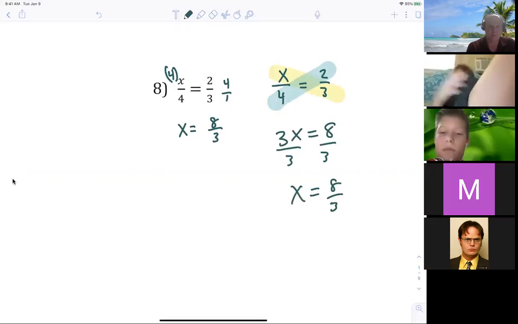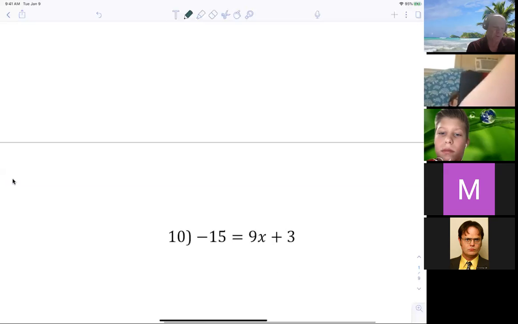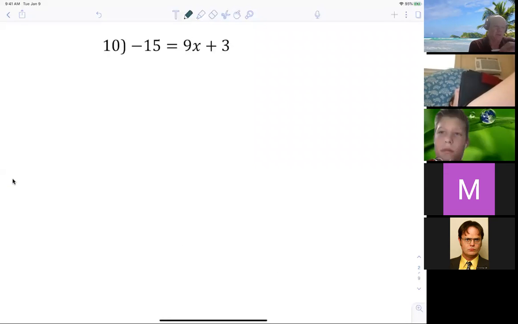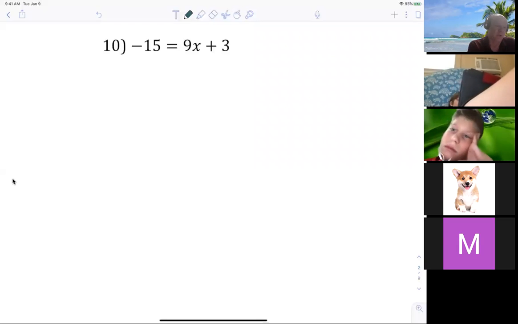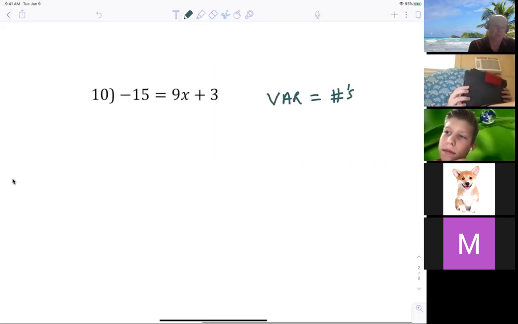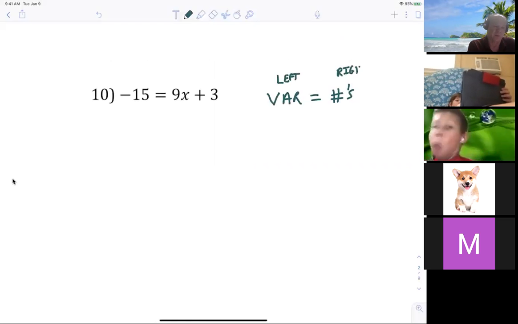All right. Now, let's take a look at number 10. Now, for number 10, what I want you guys to realize is basically I'm trying to get the variables on one side of the equation and the numbers on the other side. Now what do I mean by that? This is the left side, and this is the right side.